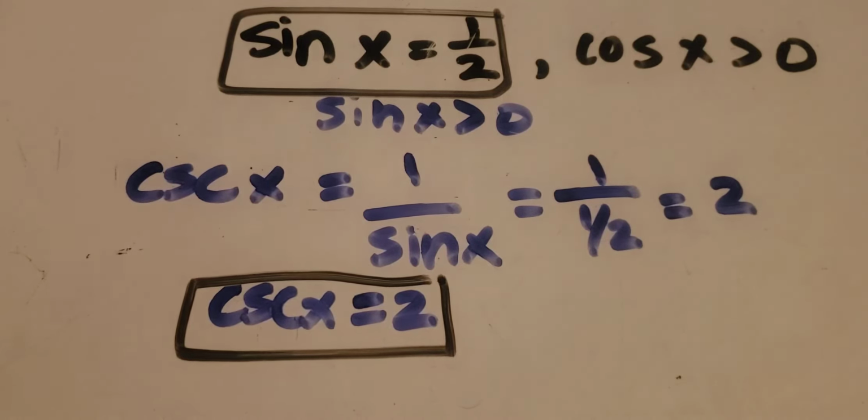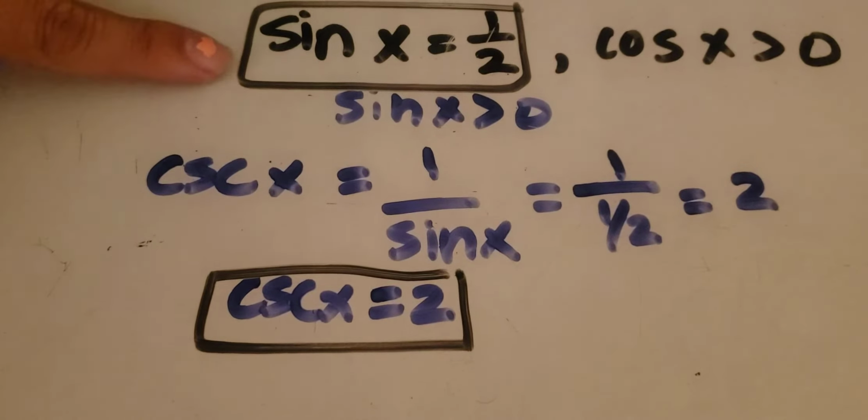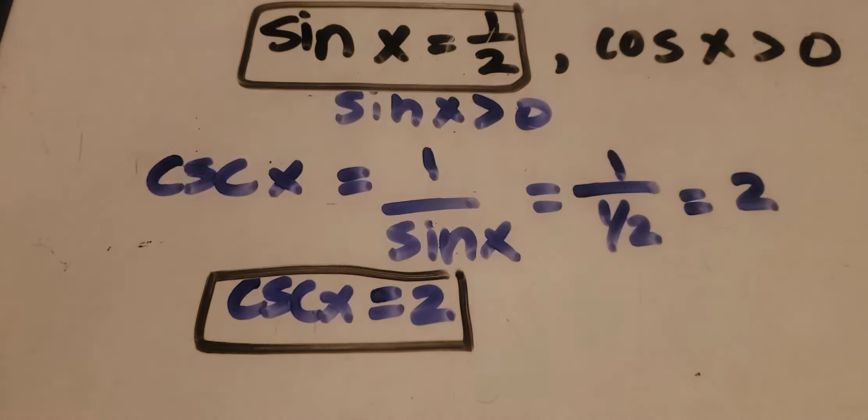Well, none of the reciprocal identities will work for this one, but you could probably use one of the Pythagorean identities. Since we have sine and cosecant, I'm going to use a different marker for this so it can stand out. There's a couple I can use.